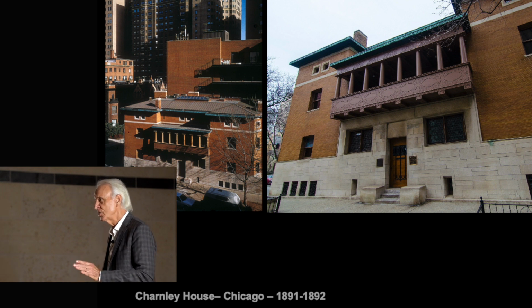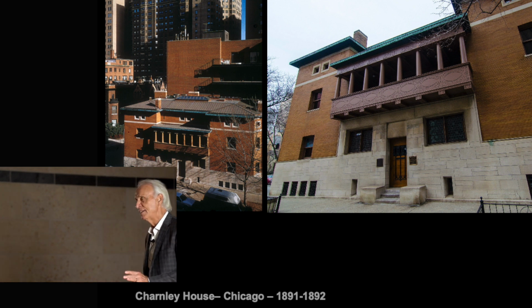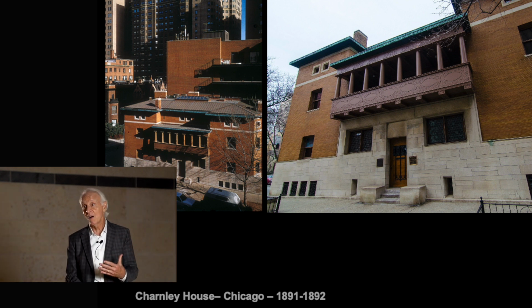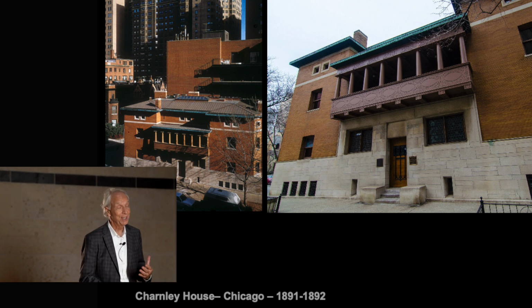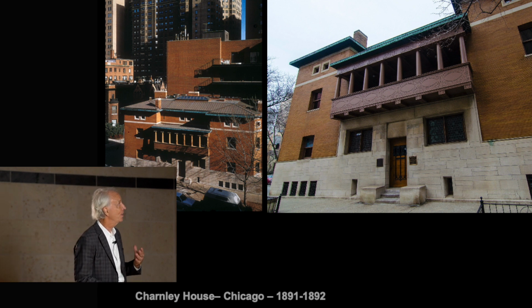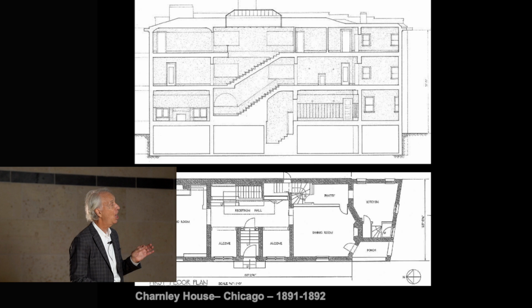In the Charnley House, Sullivan steps back, he simplifies, he says this is something that's kind of Western frankness, as he referred to it. And to our eyes, still pretty exuberant, but in the era, very much a kind of calmed down version of a wealthy family's house.